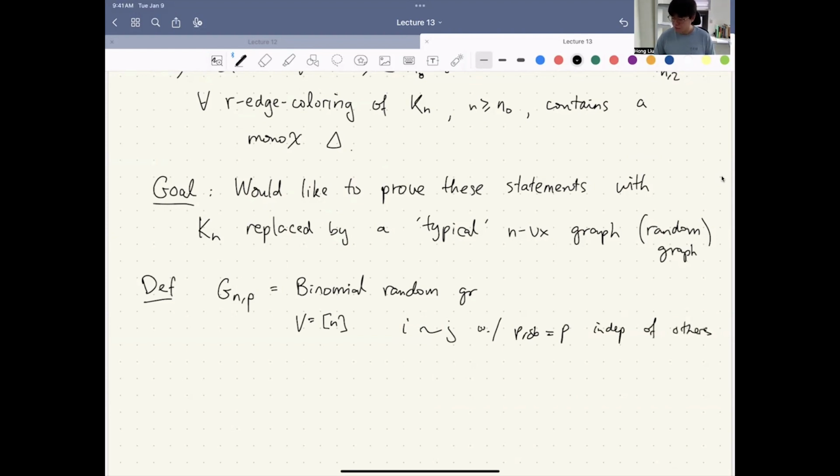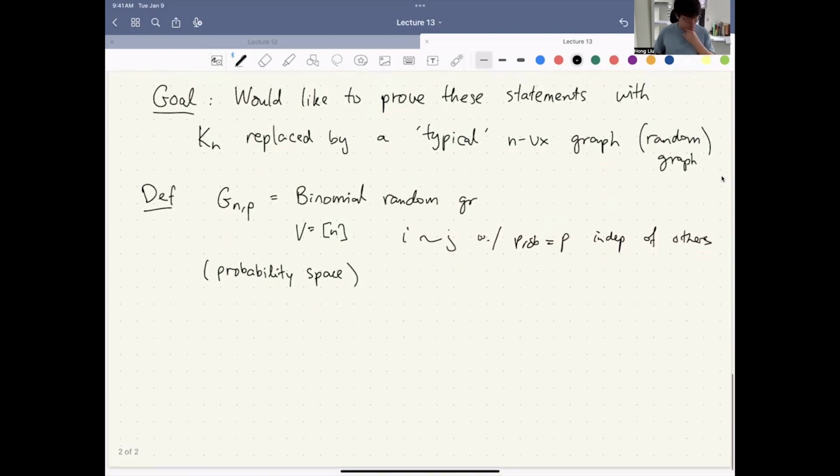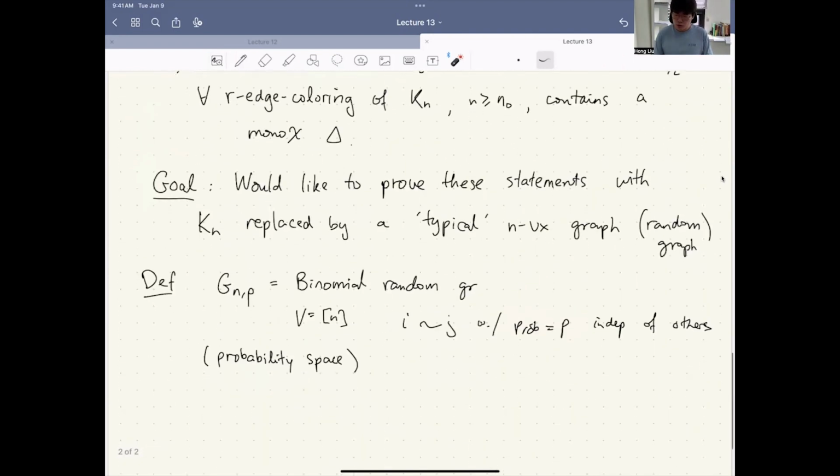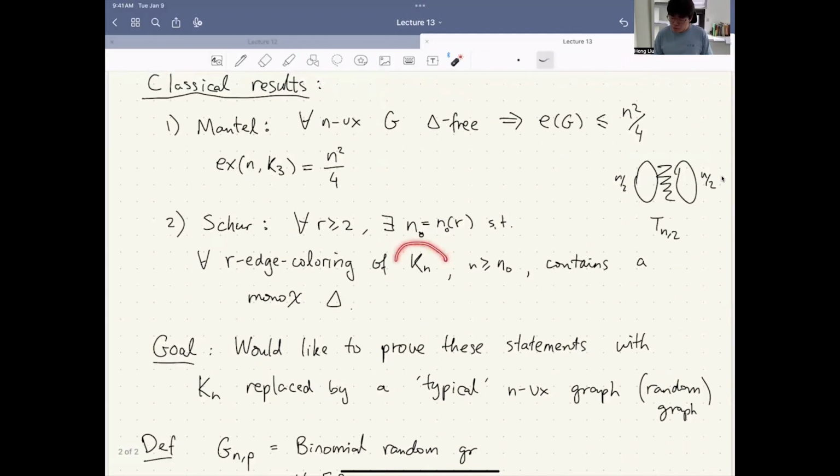So G(n,p) is not a single graph, but rather a probability space. Here, by replacing Kn by a typical one, we mean we replace Kn by G(n,p) and understand whether these two statements still hold against subgraphs of G(n,p) rather than subgraphs of the complete graph.